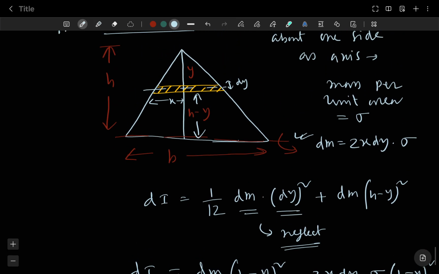Now from these two similar triangles, the smaller one and the larger one, we can write the ratio of corresponding sides as equal. So y by h is equal to x by b by 2, which is 2x by b.